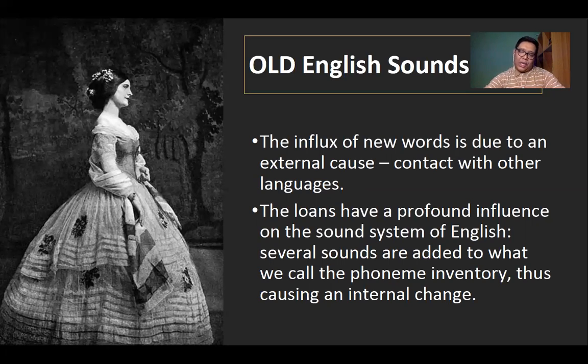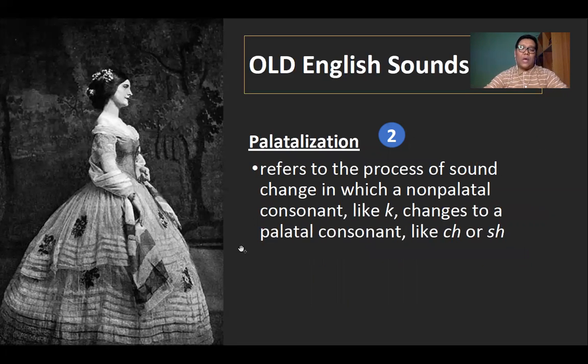Okay, we have vowel changes, which really affected the way words were pronounced before. We also had, apart from voicing, palatalization. This refers to the process of sound change in which a non-palatal consonant, for example the k, changes to a palatal consonant like ch or sh.